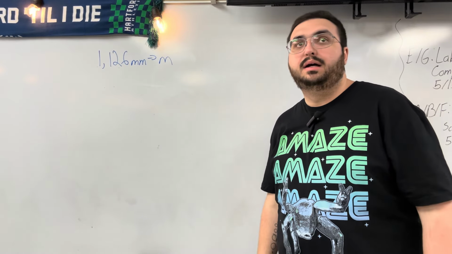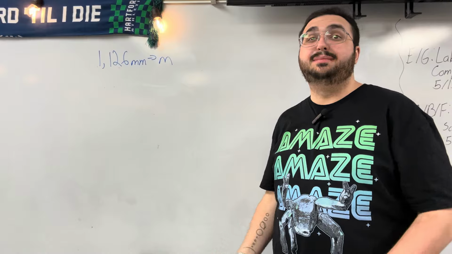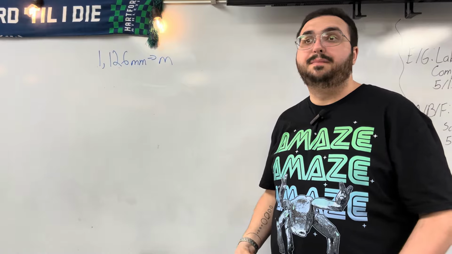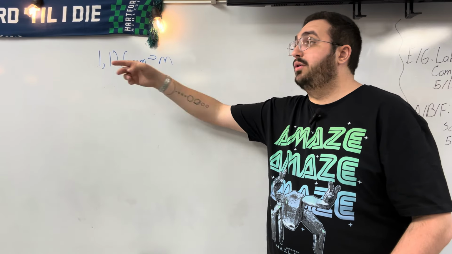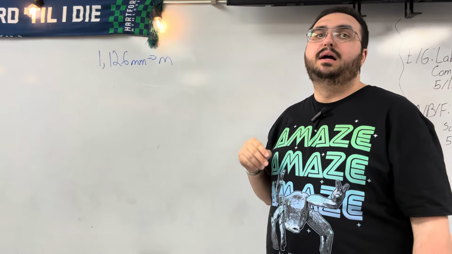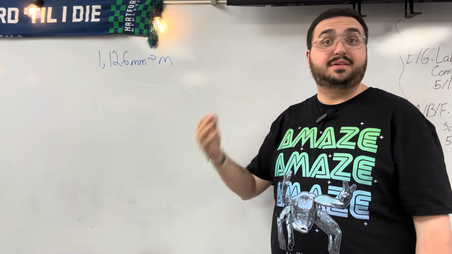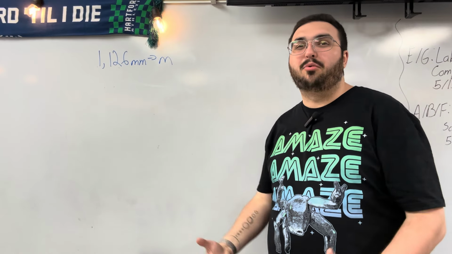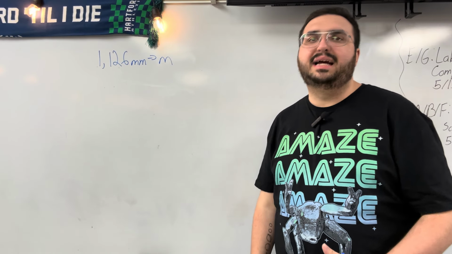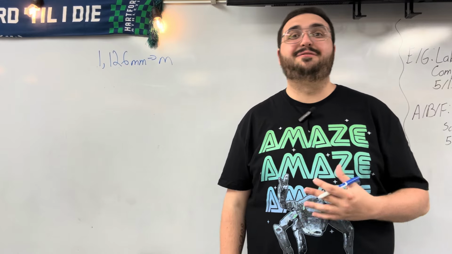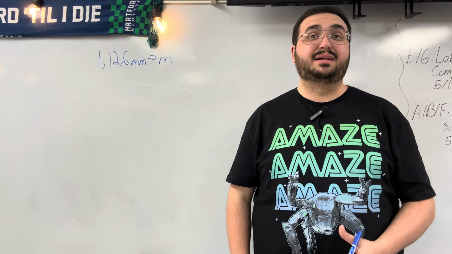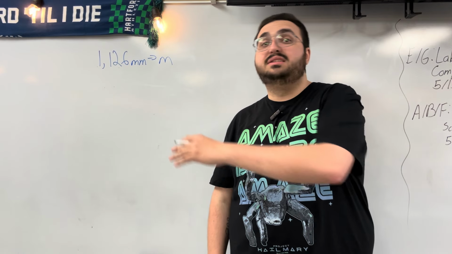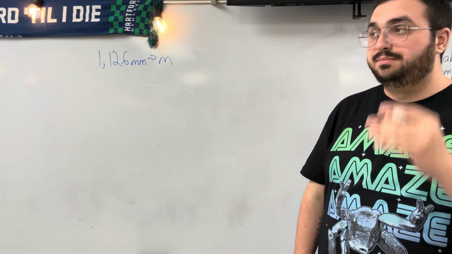Now, I know that there are 1,000 millimeters per meter, but this isn't 1,000. This is 1,126. So I'm not exactly positive off the top of my head how to do this conversion, or at least not by memory. And memorizing how to do these conversions really isn't as effective of a strategy as you may think. So let's do this example and then I'll explain why that is.